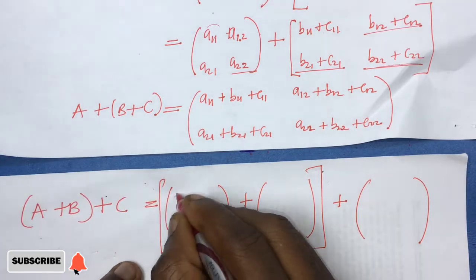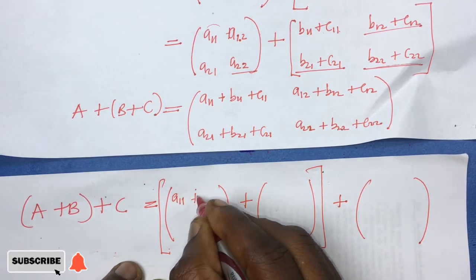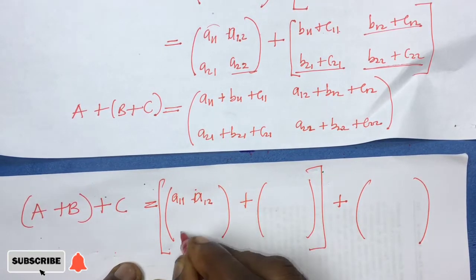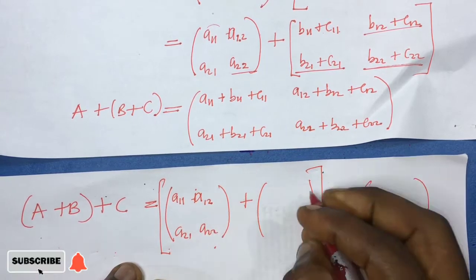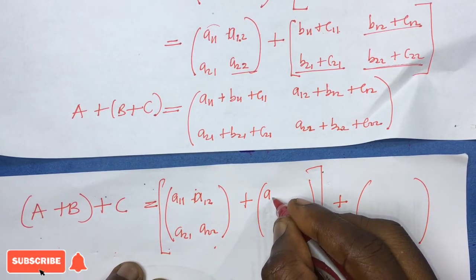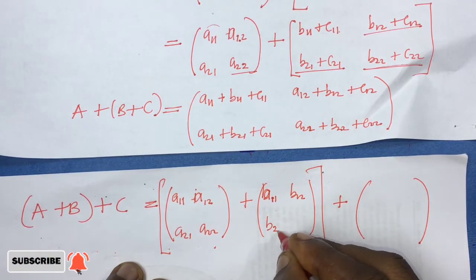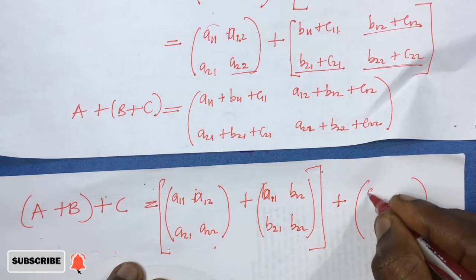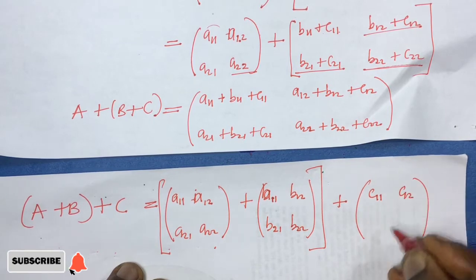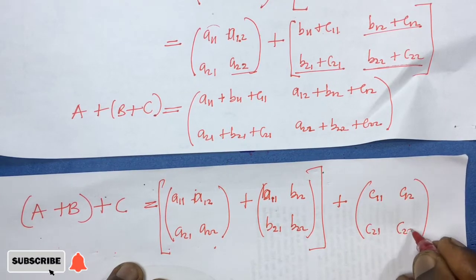Okay? Now this is A11, A12, A21, A22. This is B11, B12, B21, B22. Then this is C11, C12, C21, C22.